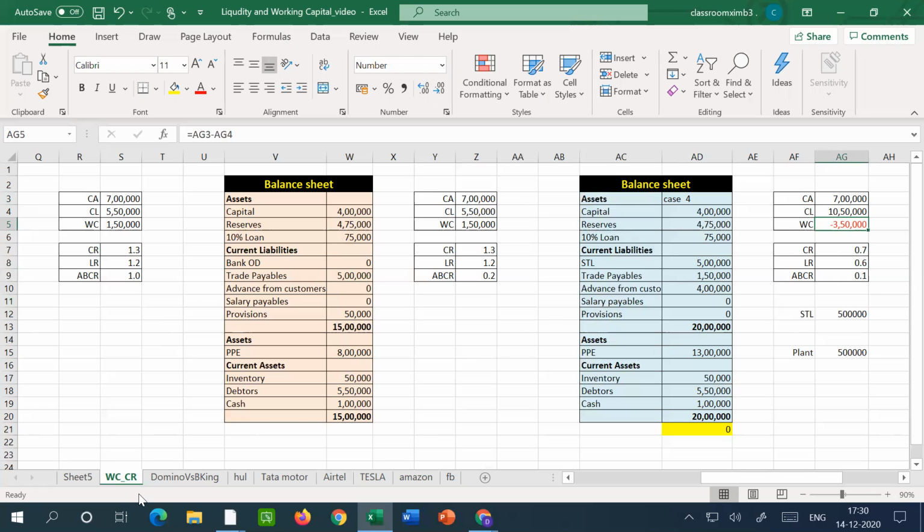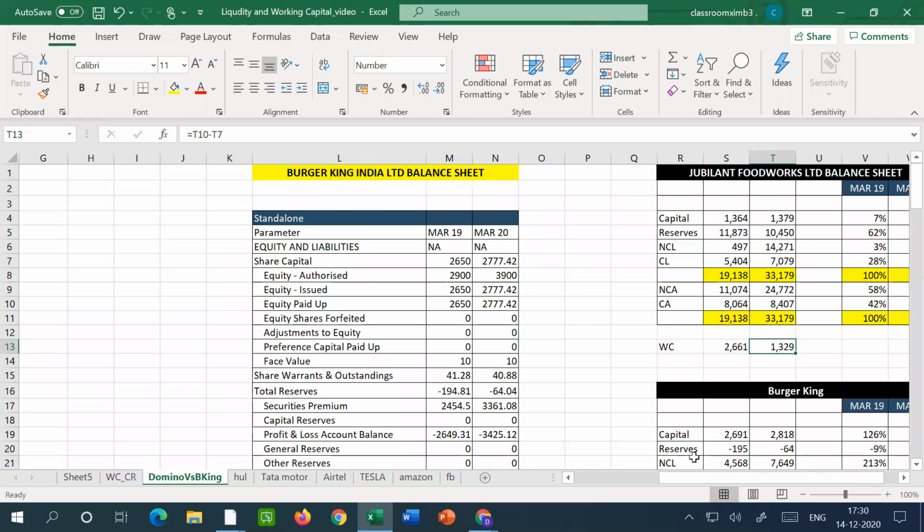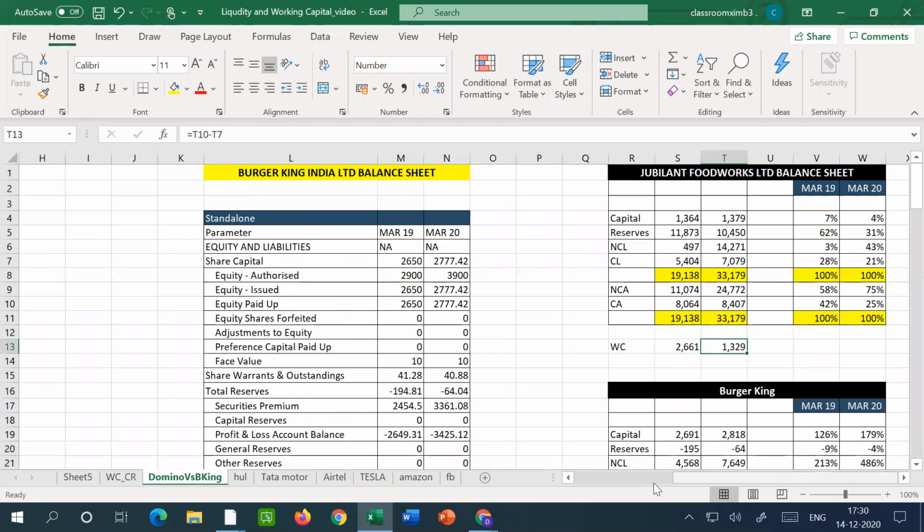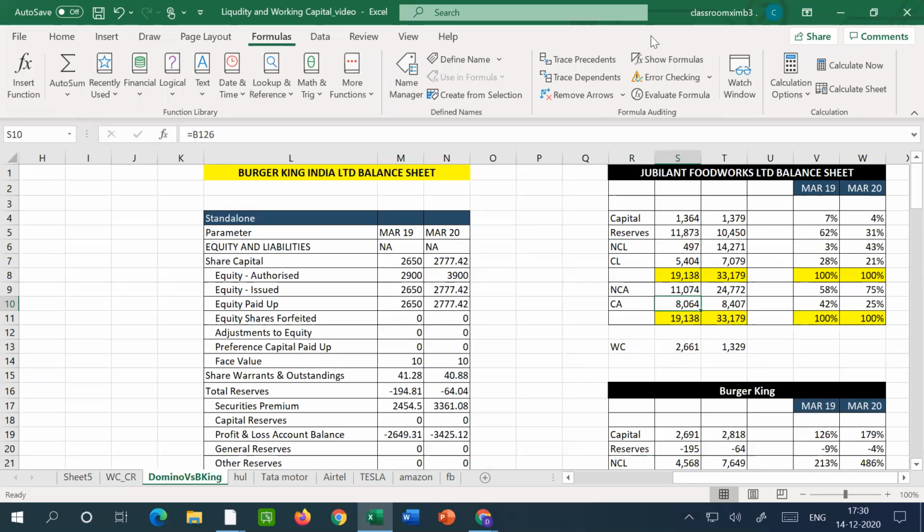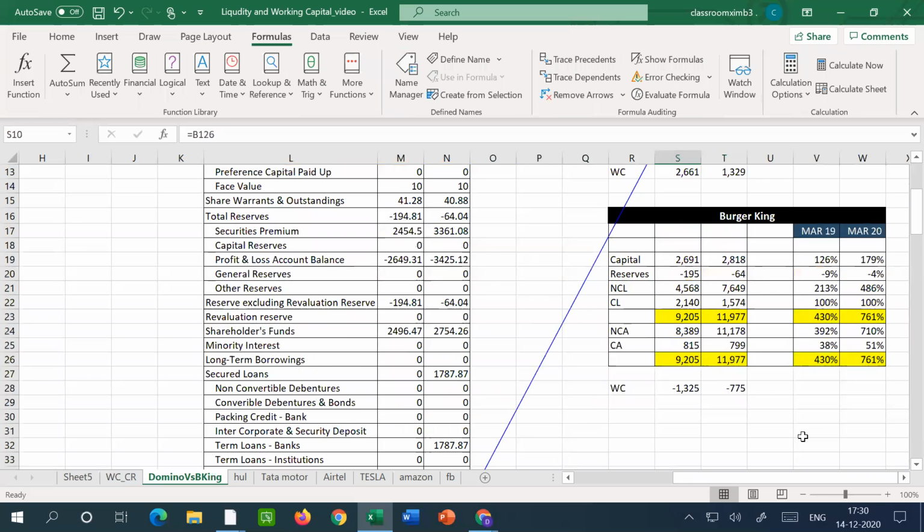Now let us see the current assets, current liabilities, working capital, and the current ratio of some of the well-known companies. For example, in case of Jubilant Foodworks, the working capital, in both the years, has been positive.